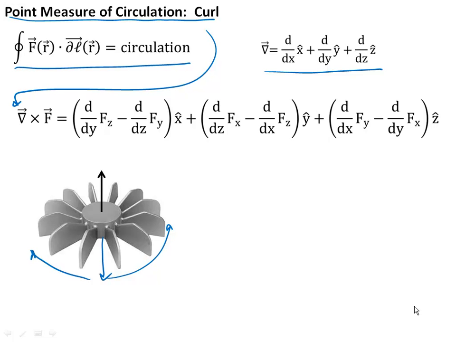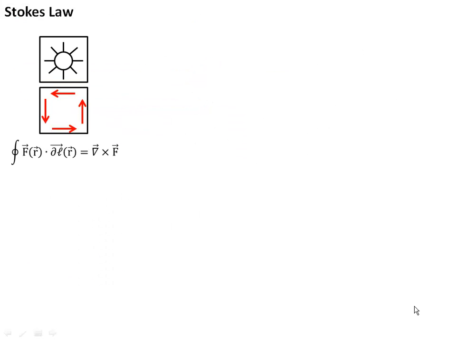Woof, that's a lot to go through, but unfortunately we're not done yet, because we can simplify things immeasurably using something called Stokes' Law. I'm not going to go through the full mathematical derivation, but let's do a simple derivation of Stokes' Law.